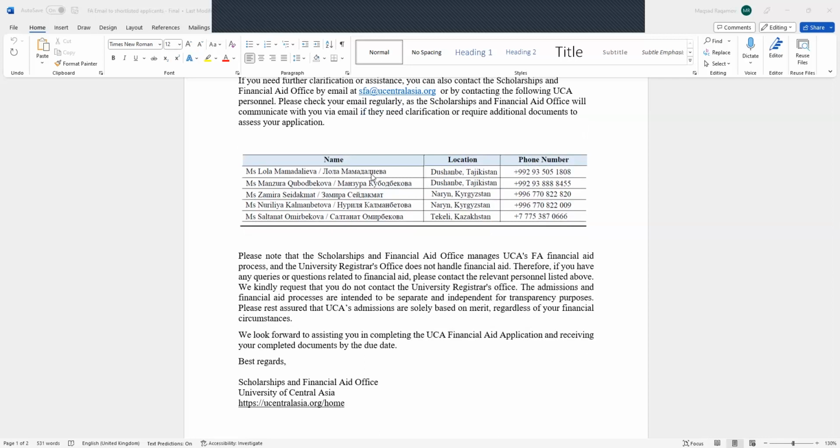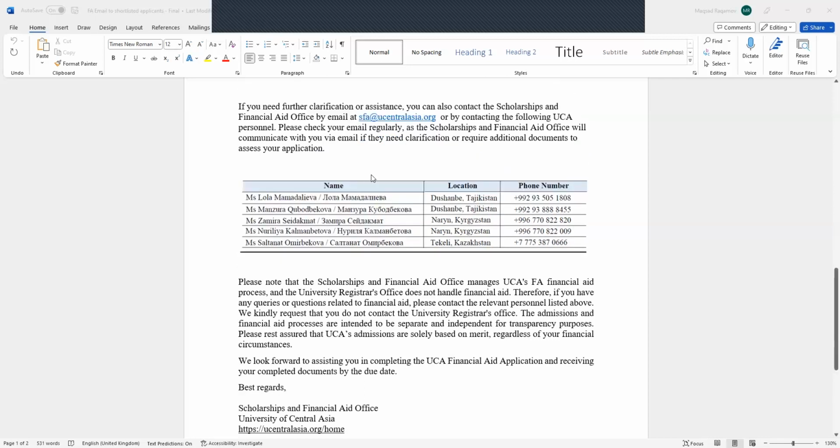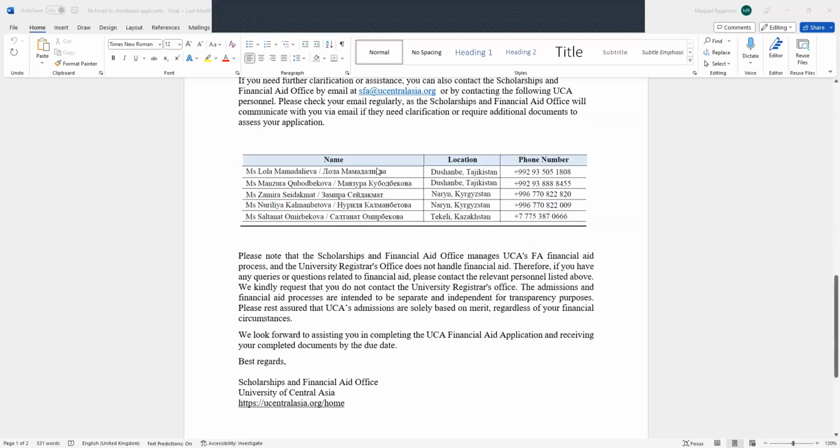One more thing, which is really important, I would like to emphasize is that the finance team will be responsible to answer questions only related to the financial aid process and financial aid applications. That's why we have put it in the note below all the details of that email, so please refer to that email as well.